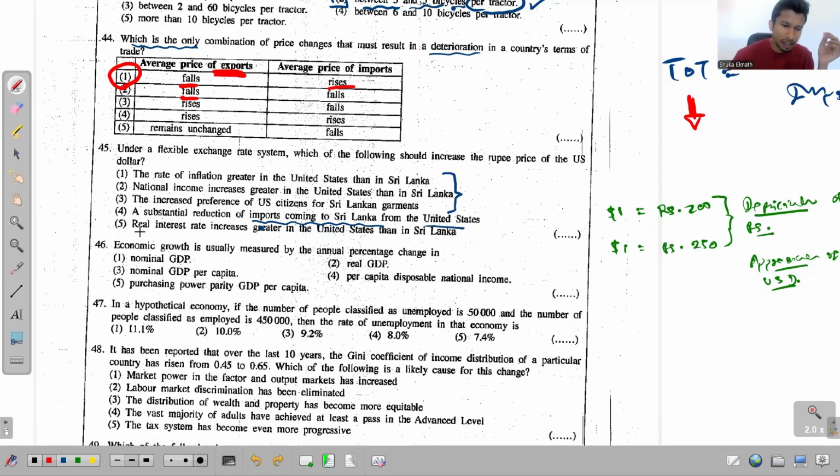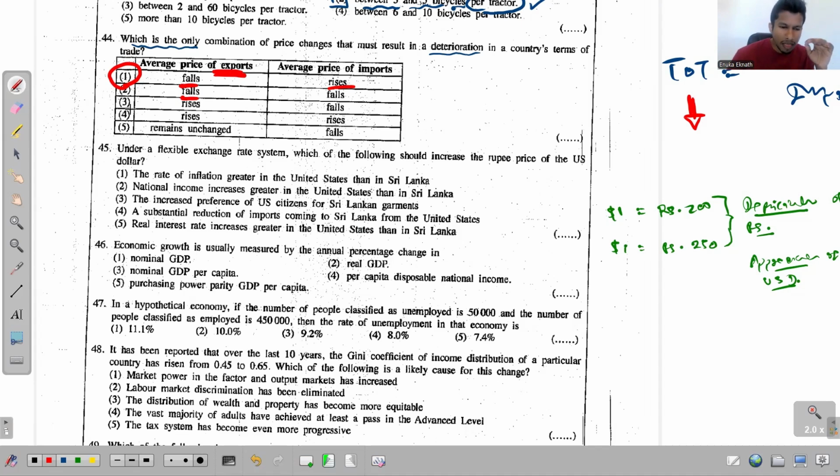The fifth one says the real interest rate increases greater in USA than in Sri Lanka. What does that mean? If the real interest rate increases greater in USA than in Sri Lanka, all the investors will be willing to invest their money in USA, not in Sri Lanka.